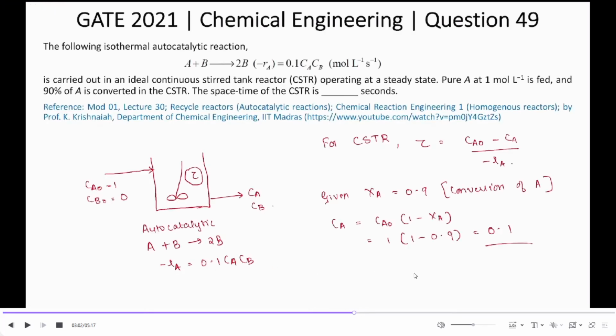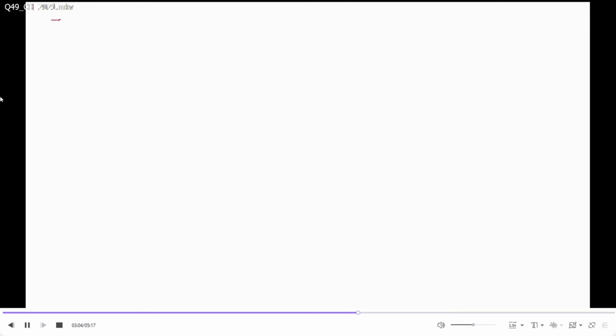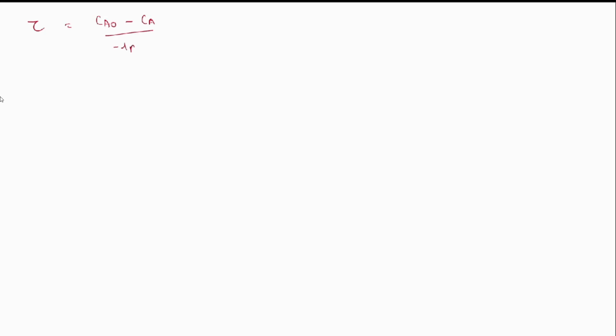So we have Ca0, we have Ca, and now let us expand on Ra. So Ra is 0.1 CaCb. Now the unknown here is Cb. Everything else we have to find the space-time tau. So how can we find Cb here?